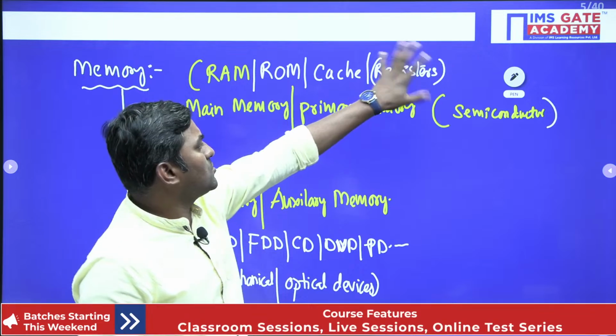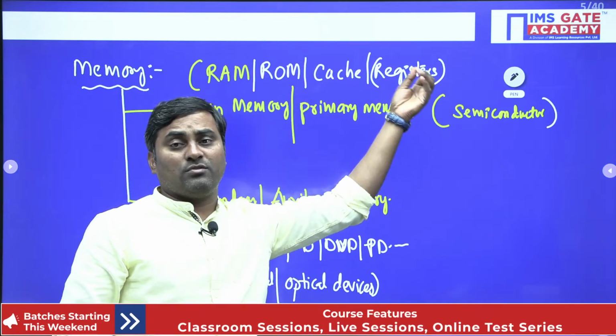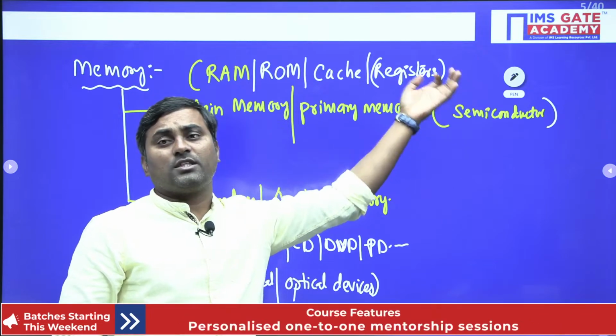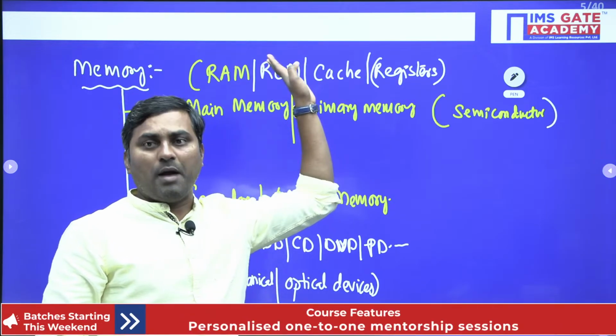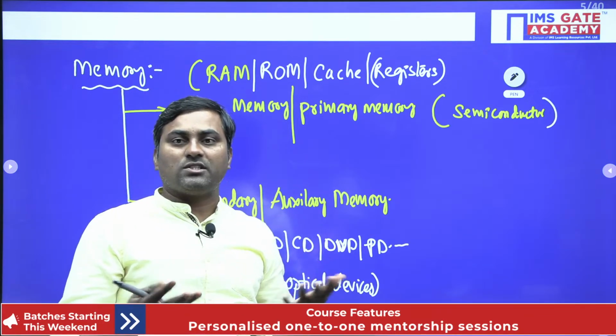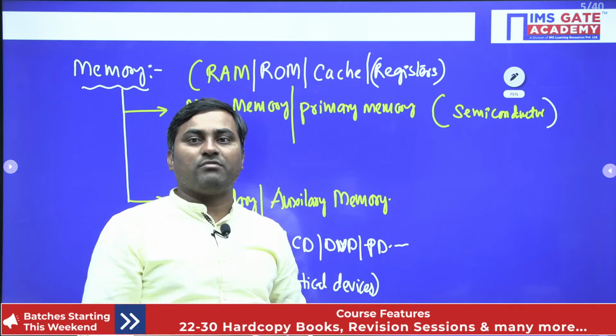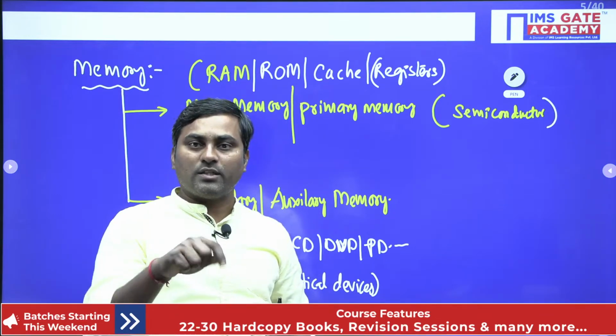Among the semiconductor memories, some are constructed with flip-flops, and in some the information is stored as charge in a capacitor. RAM is further classified into static and dynamic RAM. Static RAM is generally designed with flip-flops. The flip-flop is a basic bistable element which can store either 0 or 1.